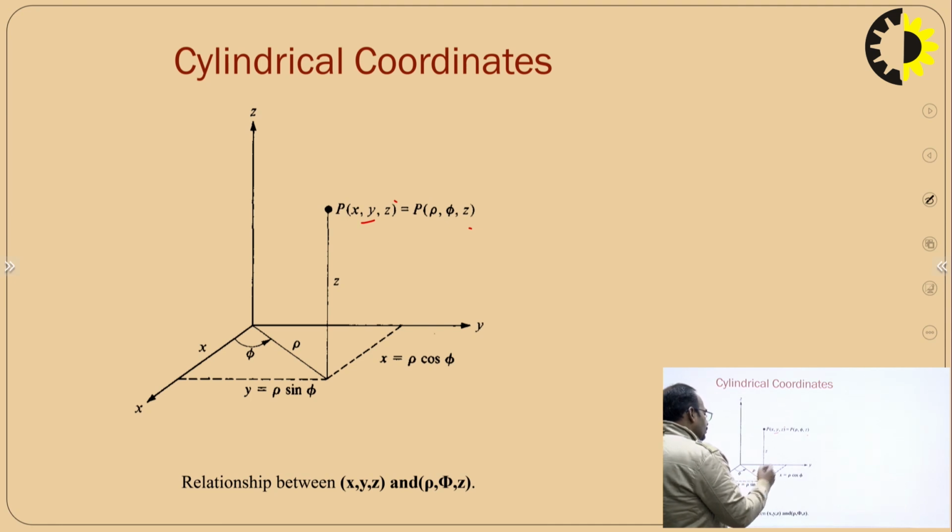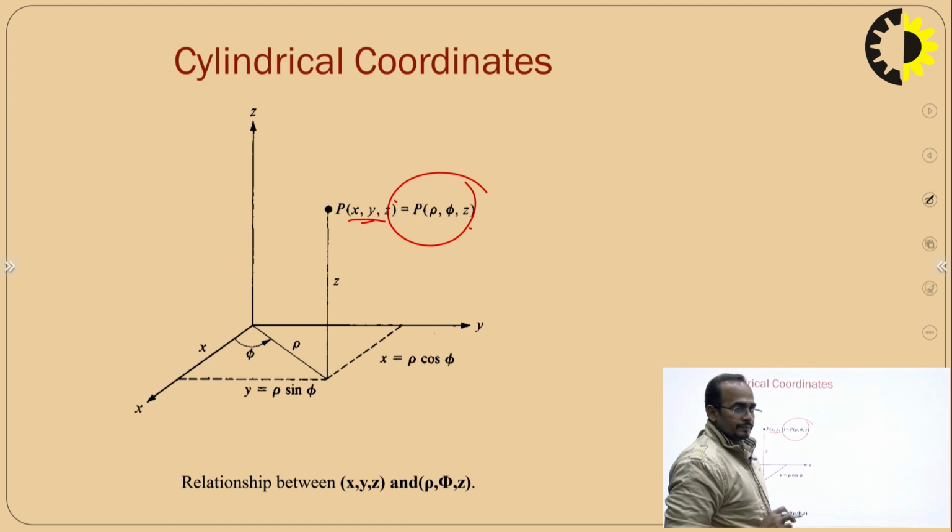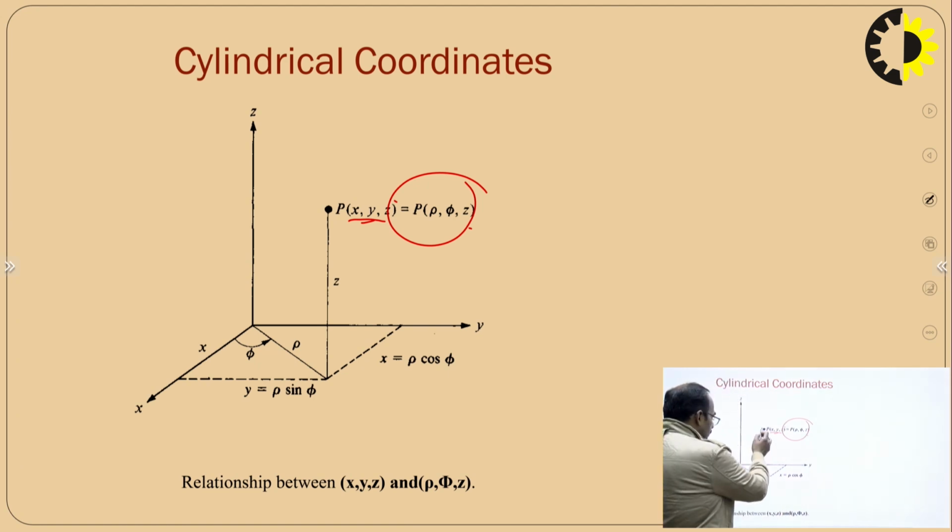So I have to map this x, y, z into rho, phi, z. This point is in the plus z direction, at z distance from this xy plane, and this plane is making angle phi from the x axis.